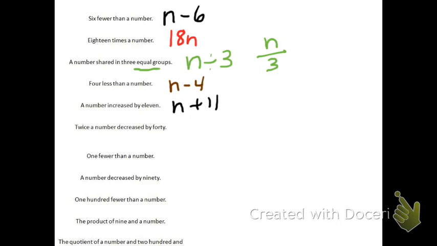The next one, twice a number decreased by 40. So twice means 2 times the number, and decrease, so we're taking off 40. The next one, 1 fewer than the number, is n minus 1.